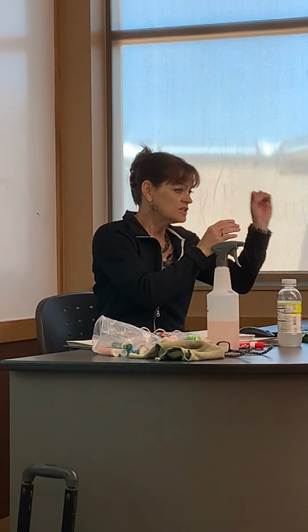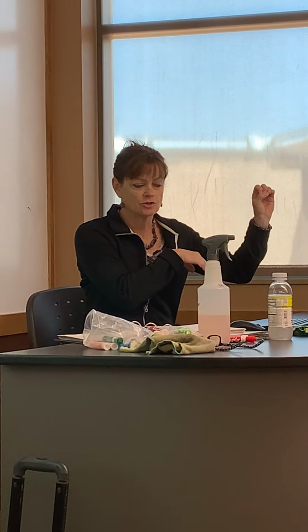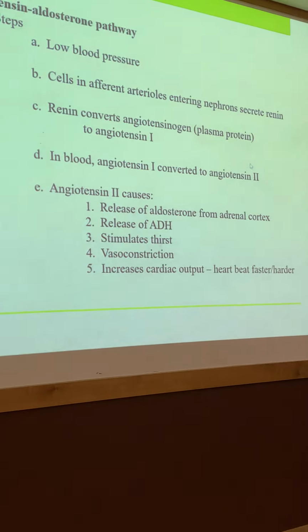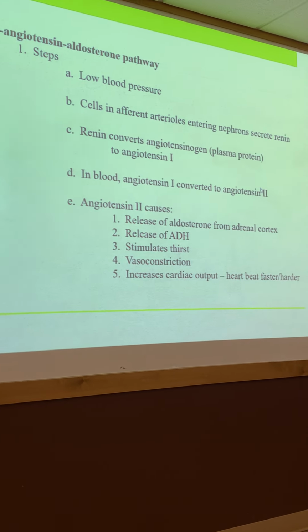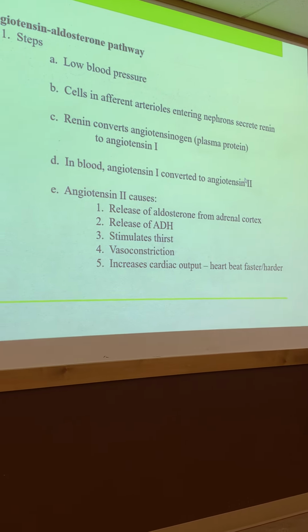So in our bloodstream we have an enzyme. It's called angiotensin converting enzyme. That's what it does. It converts 1 into 2. But renin converts 0, that's angiotensinogen, into 1.